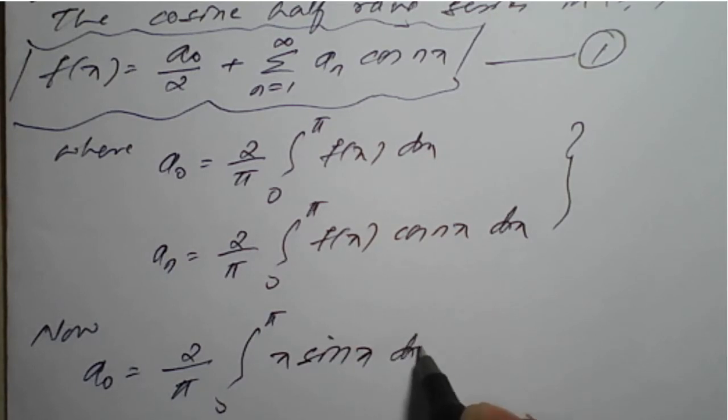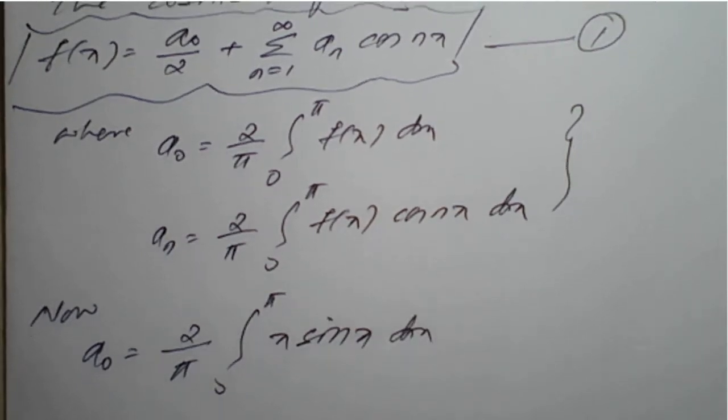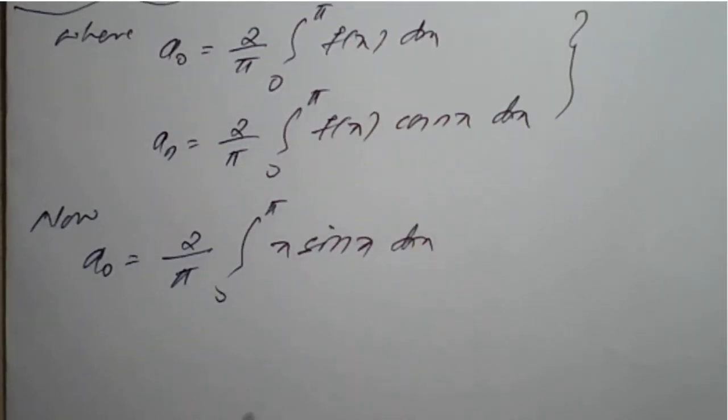So a₀ is equal to (2/π) ∫ from 0 to π of x sin x dx. For this we'll apply Bernoulli's rule, or integration by parts.